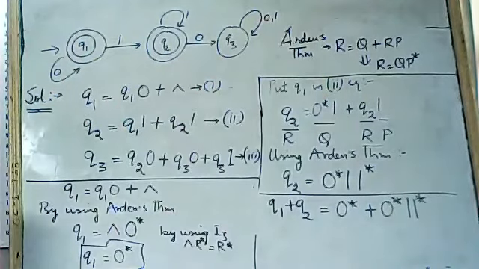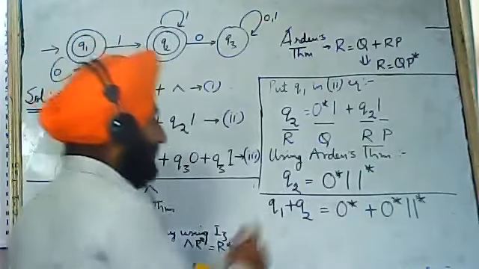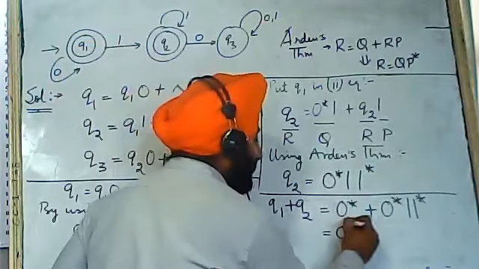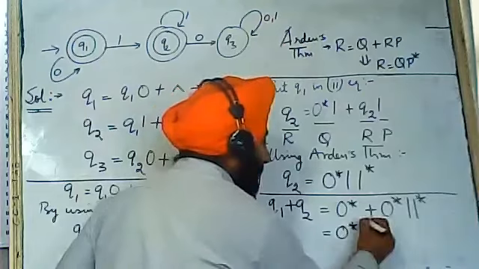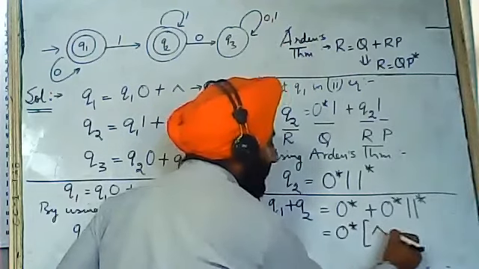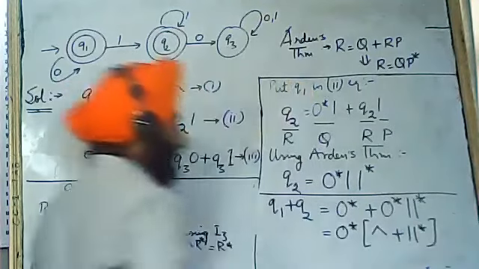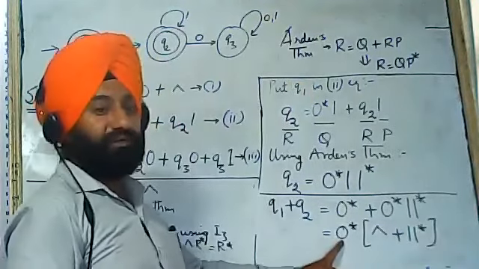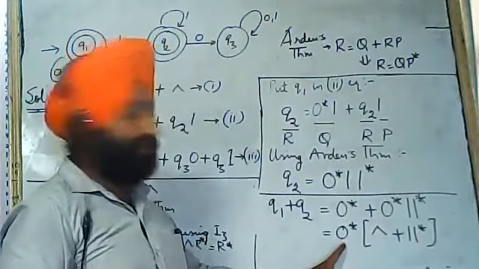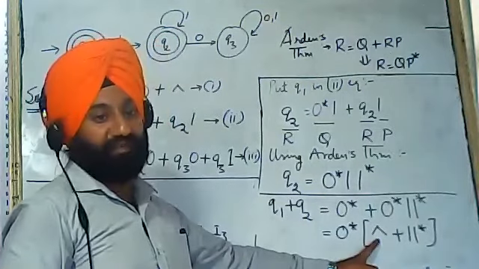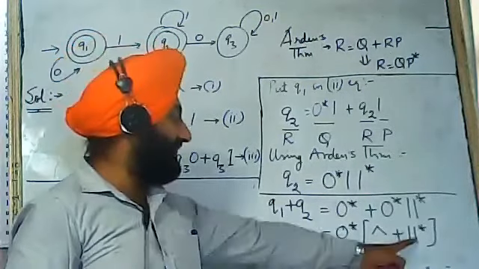So try to reduce it, right? If I take 0 star as a common term, what is left inside? Null plus 1 1 star.